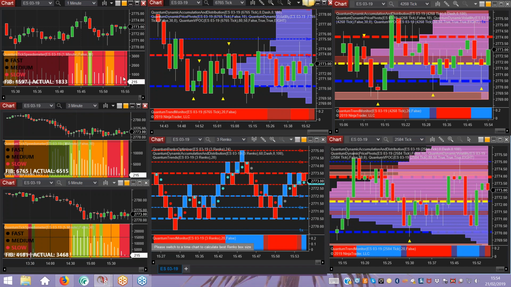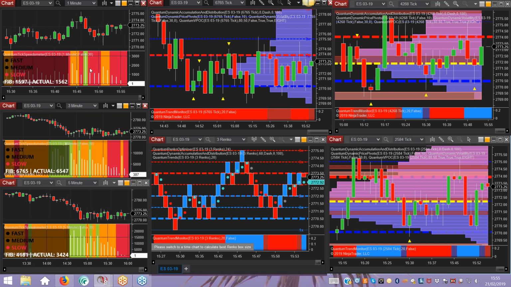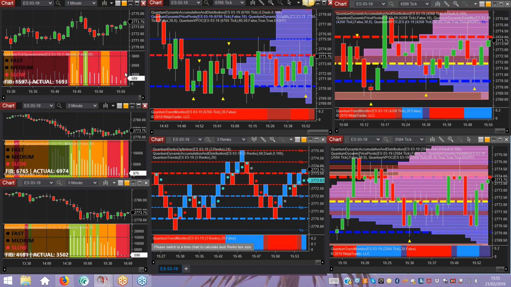Awful lot of red coming through, which is just telling us that the activity is dying all the time. What we want to see is green. We want to see really these markets moving on green, which is lots of activity, high levels of tick, and orange is really just the sort of average. So you really want to see the markets moving through green and orange most of the time. The red tends to come in very heavily, obviously, towards the end of the session when participants are closing up shop for the day.